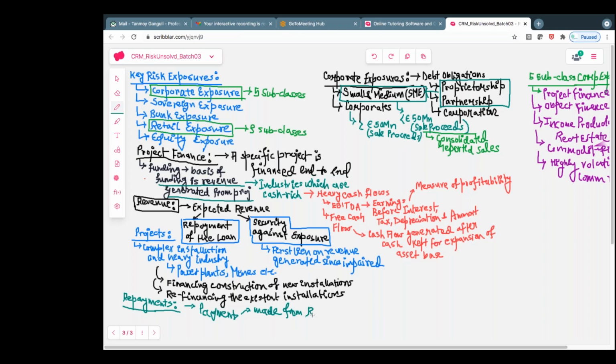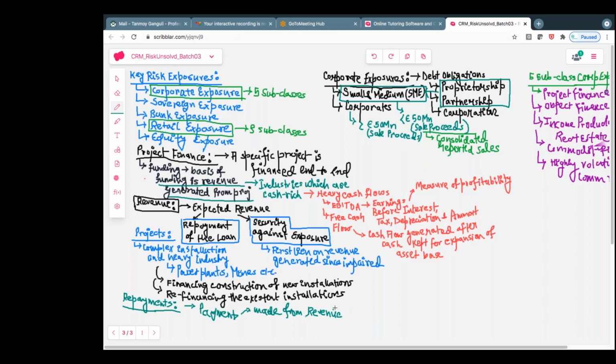So what we are trying to talk about is payments which are made from revenue. Okay, so payments which are made from the revenues.